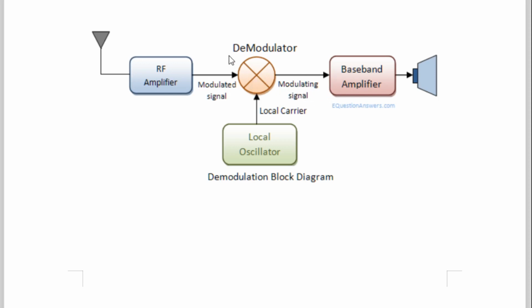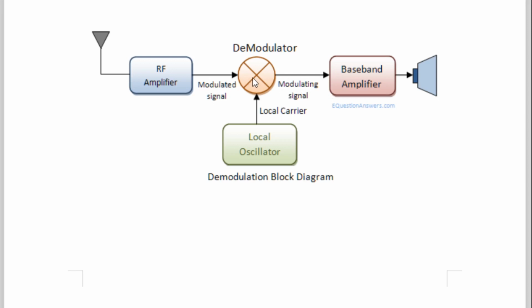That process is called demodulation. Demodulation is a must, otherwise we will not get our information signal only. And the name of this topic is: why modulation is a must and demodulation is a must.